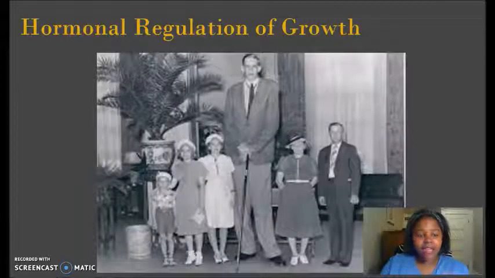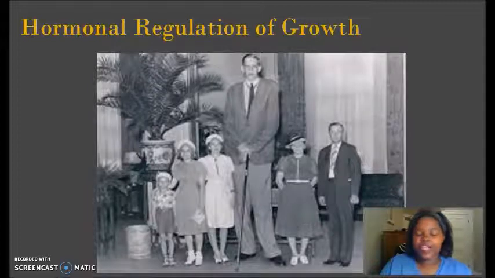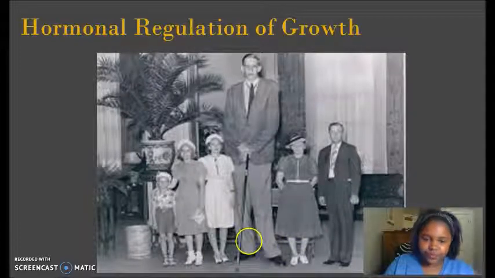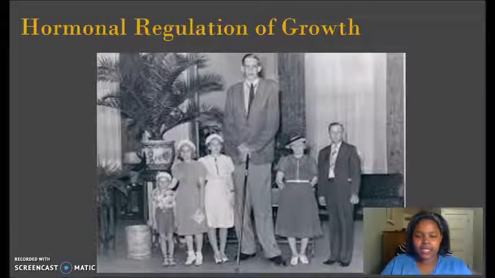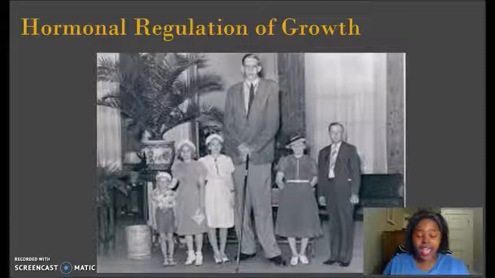Last, I'm going to be talking about the hormonal regulation of the growth hormone. That is really important because the growth hormone, as I stated before, comes from the anterior pituitary gland, and it's both non-tropic and tropic. The human growth hormone promotes growth and also has a direct impact on the metabolic rate of that person.